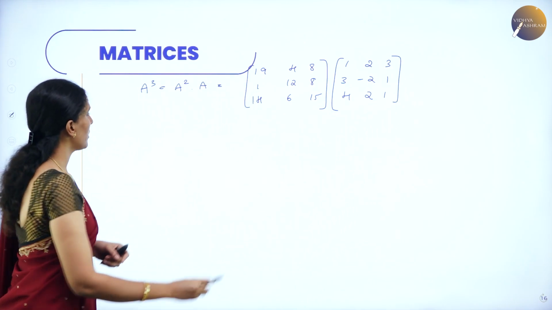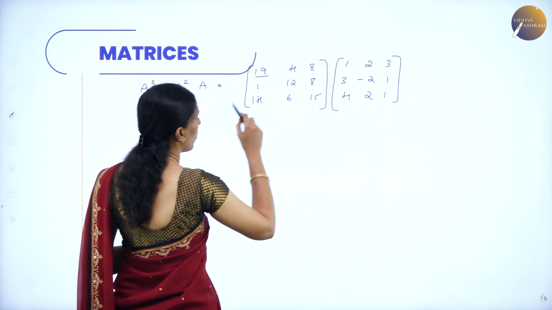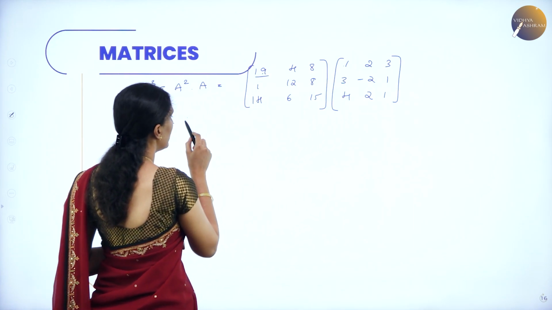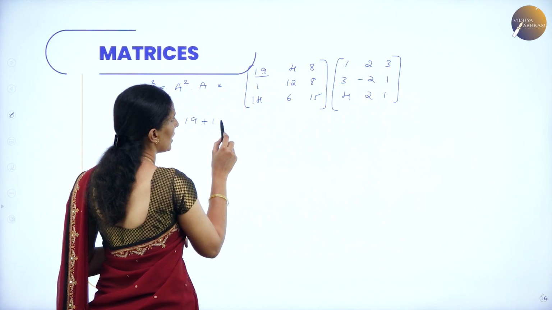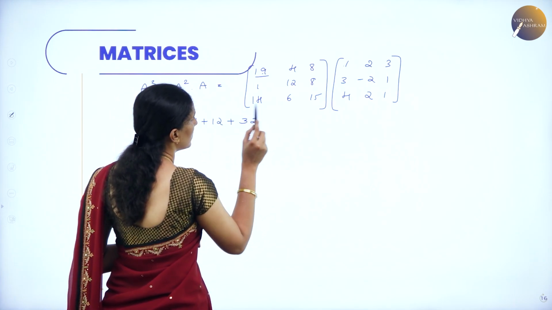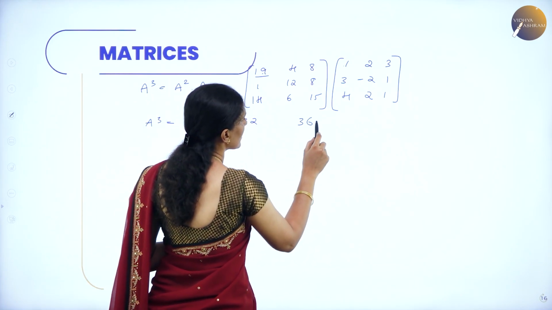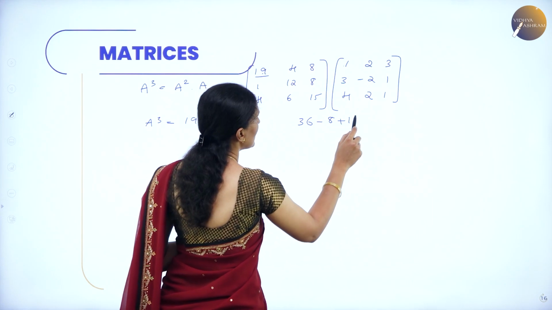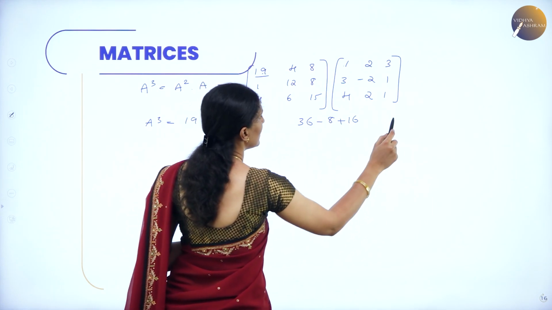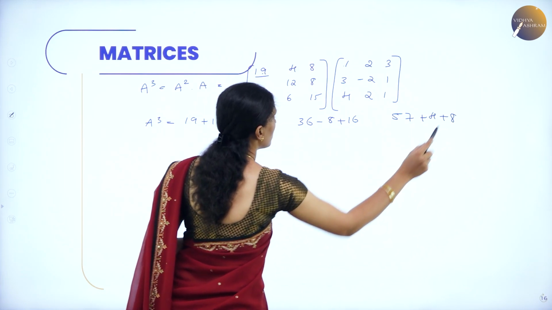So, the same operation, that is first row into first column. So, 19 ones are 19, 4 threes are 12, 8 fours are 32. Next, 19 twos are 38, minus 8 plus 16. Next, 19 threes are 57, plus 4 plus 8.